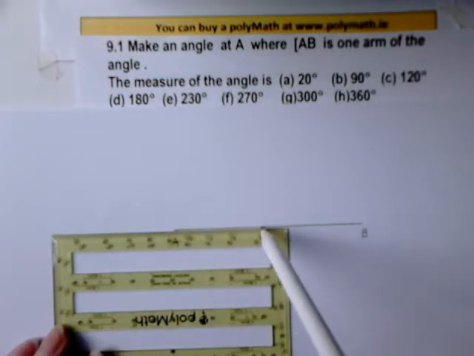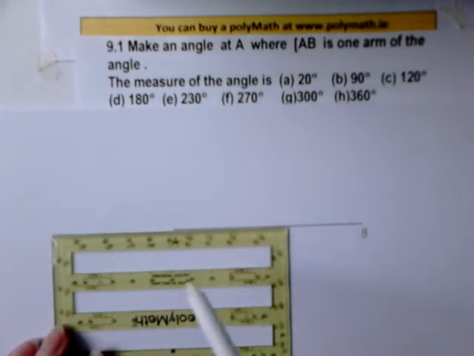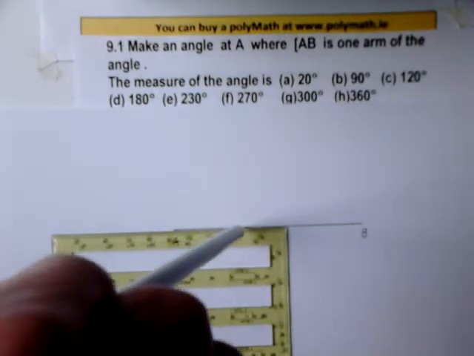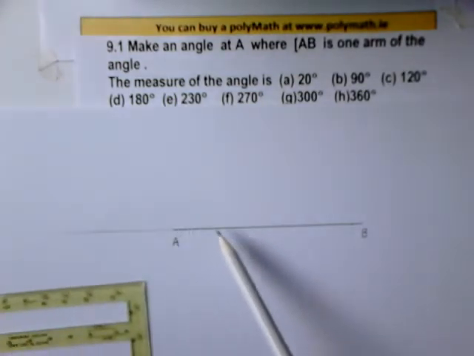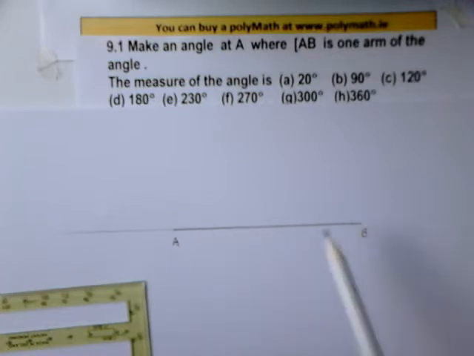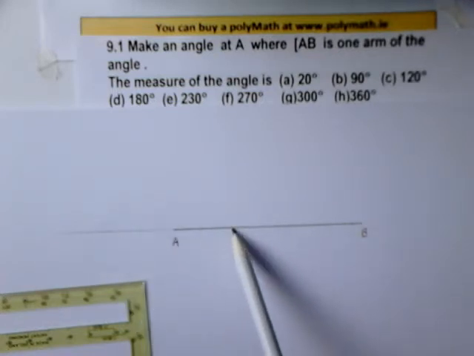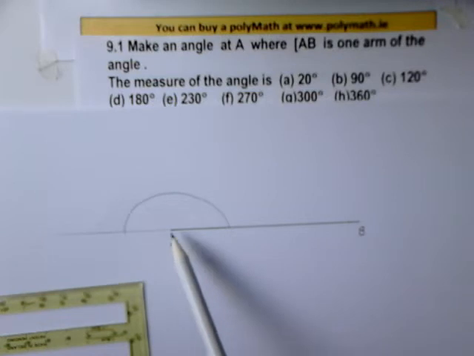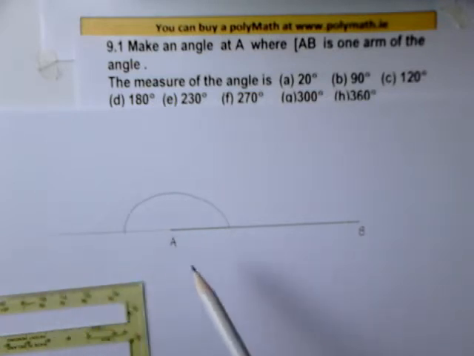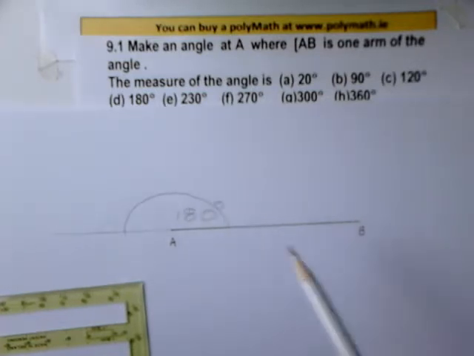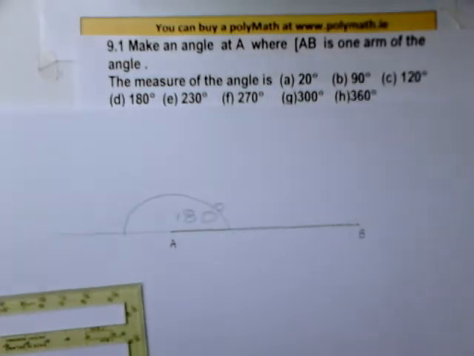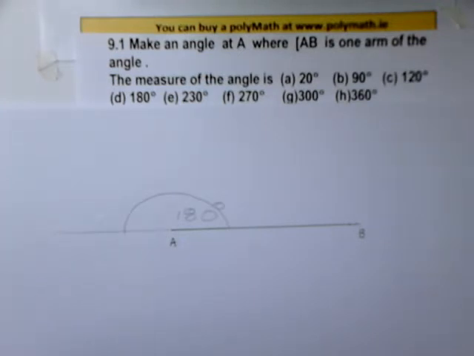So once you've got that in position, all you've got to do is extend the line. And that angle there from this ray to this ray over here, which would be a ray going this way, that there is 180 degrees, and it's called a straight angle. So take that one away.